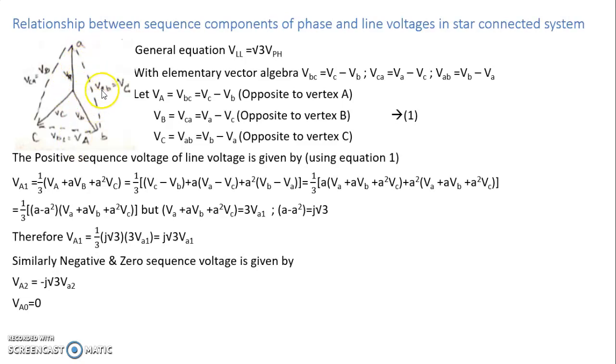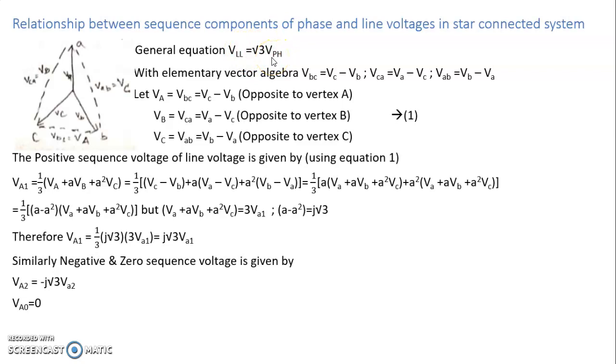The line values will be VAB, VBC and VCA, which can also be represented as capital VA, VB and VC. How, I have just explained. Already we know the general equation that the line voltage is √3 times the phase voltage. Here this is the general equation for the normal voltages.